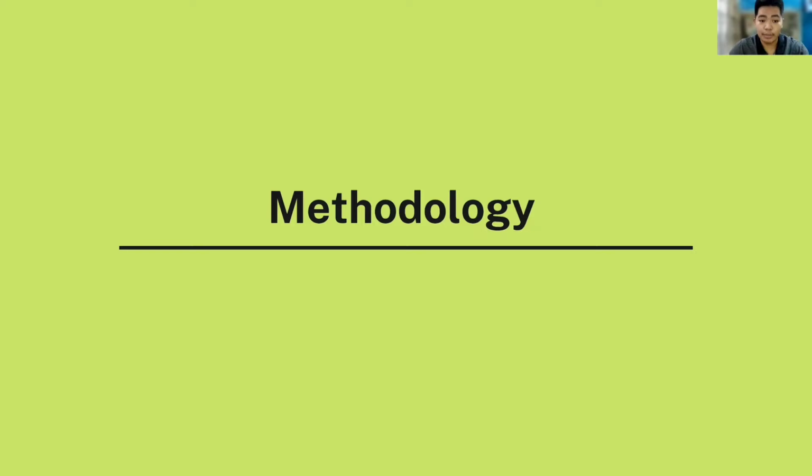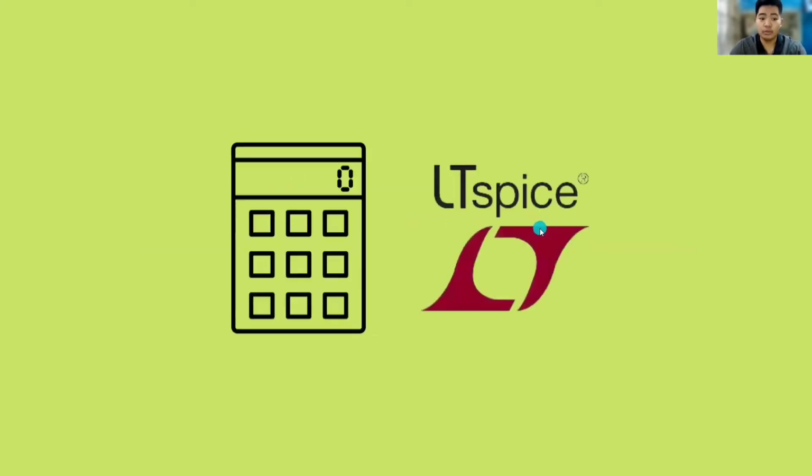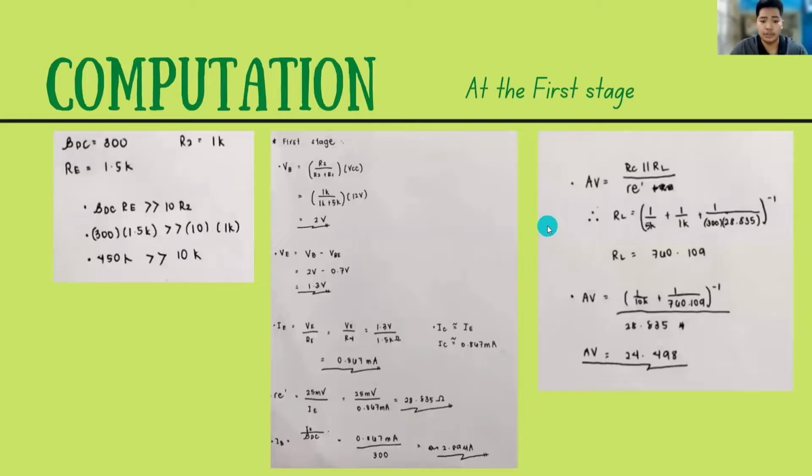Now to discuss our methodology, what we did is that we computed the total voltage gain and we simulated it using LTSpice to get a clear depiction of the differences or similarities between the voltage gain of the computed and simulated. For the computation, we computed the voltage gain one step at a time.